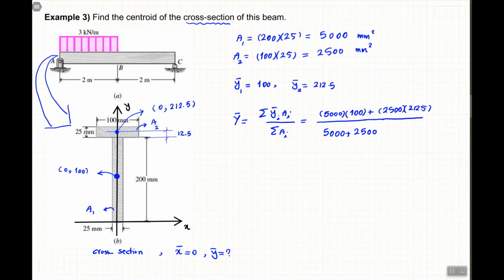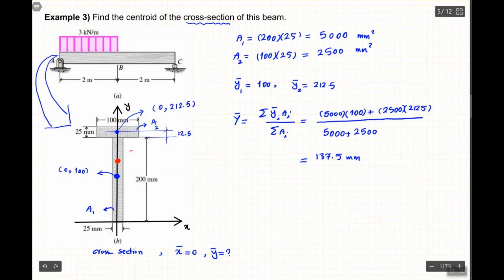And if we do our calculation, and please check my calculation later yourself, it's going to give you 137.5 millimeters. It means that the centroid for this one is somewhere around here.